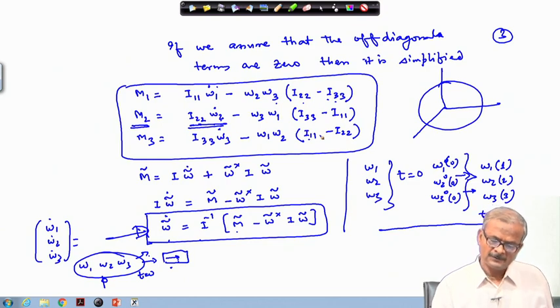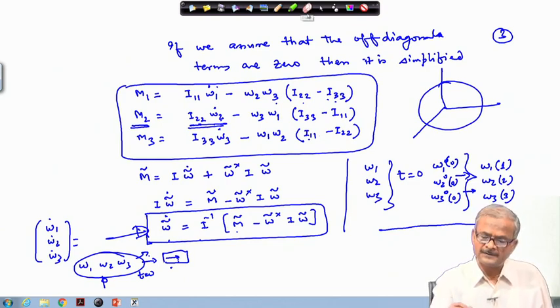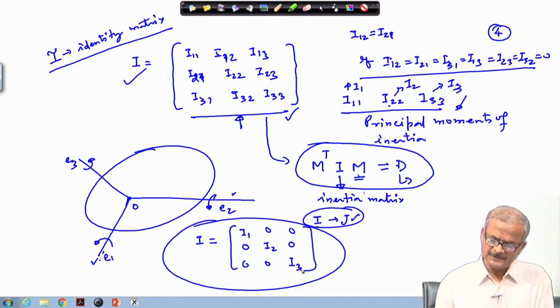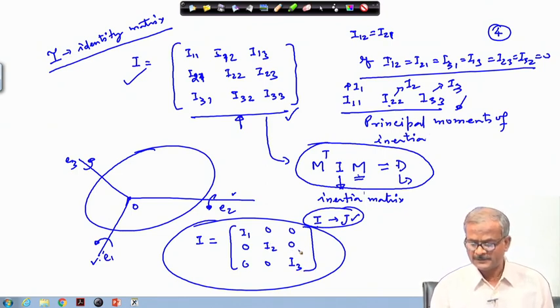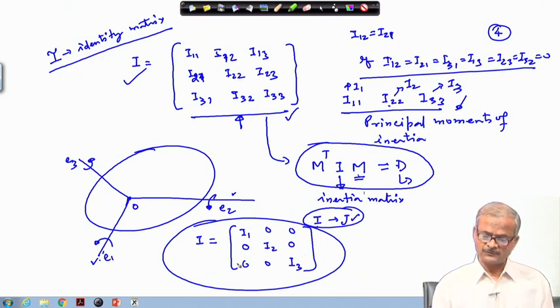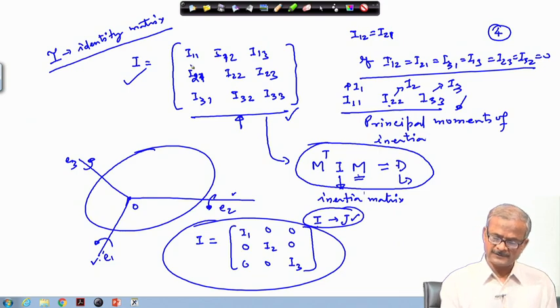So projecting the inertia matrix in terms of its principal moments of inertia is very useful, and the control design also gets simplified. Otherwise, you may be trying to steer along one of the axes, and the system is getting actuated along the other axis also.